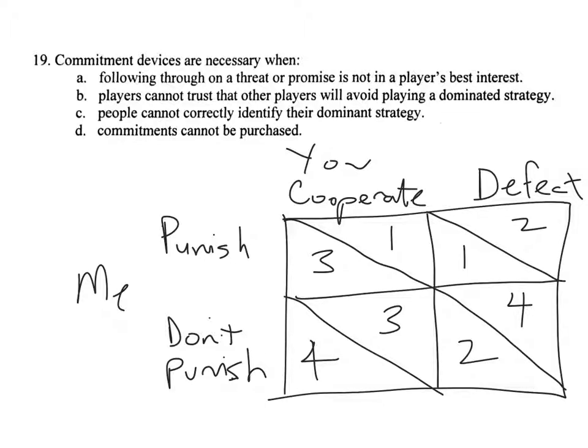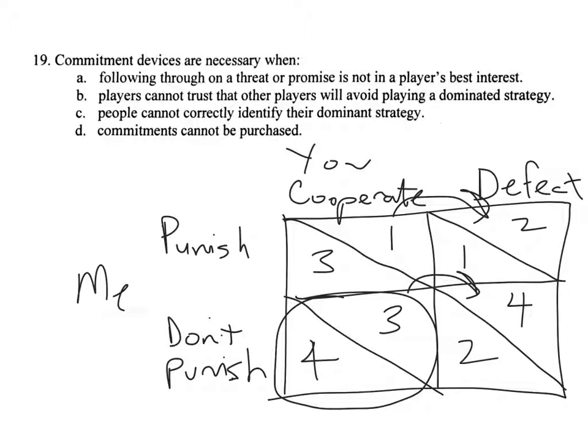So notice there's this best situation where if we both cooperate, I get my first best and you get your second best. That's super. But notice what happens. The way I set up these payoffs, you have a dominant strategy to defect, so you always do better by defecting.